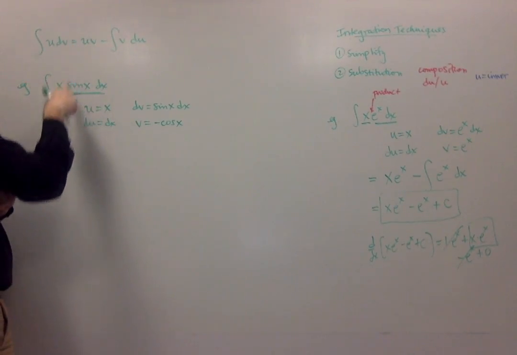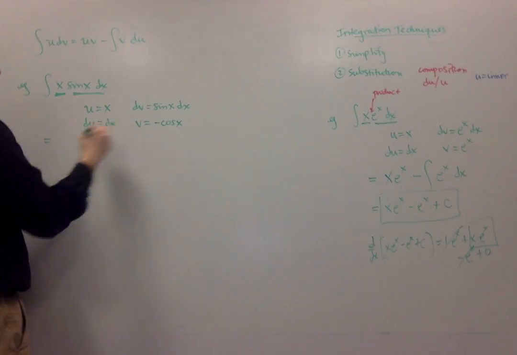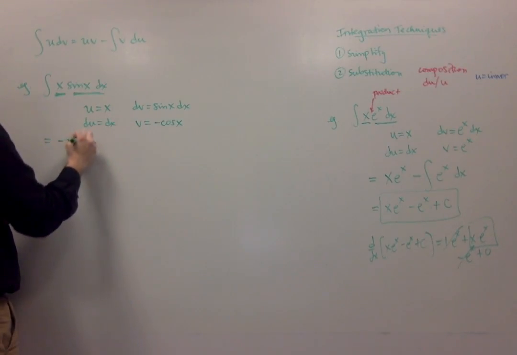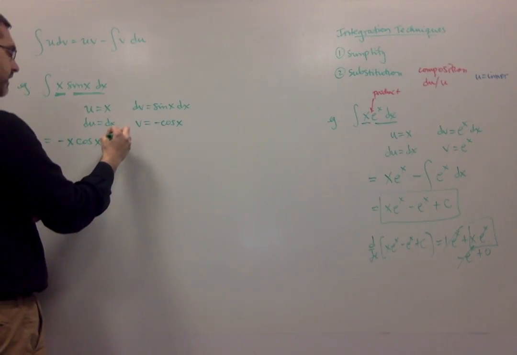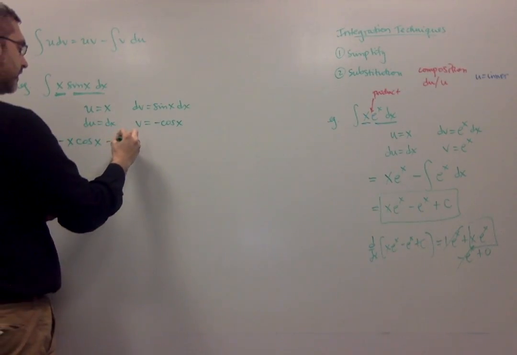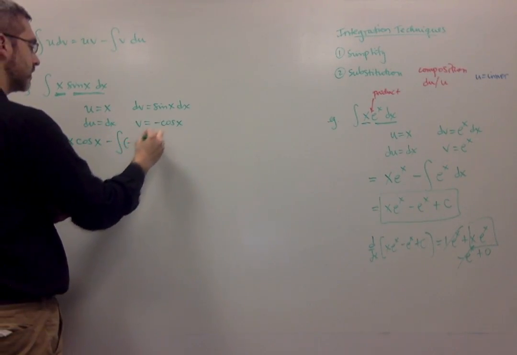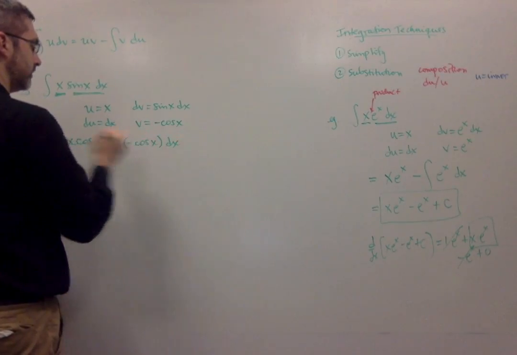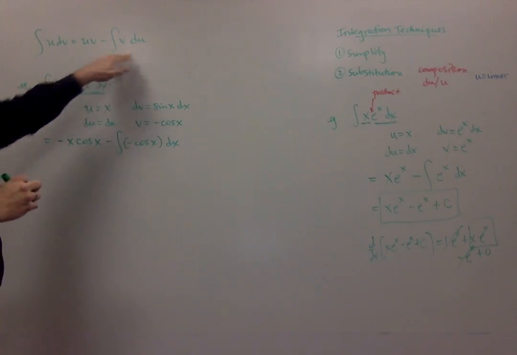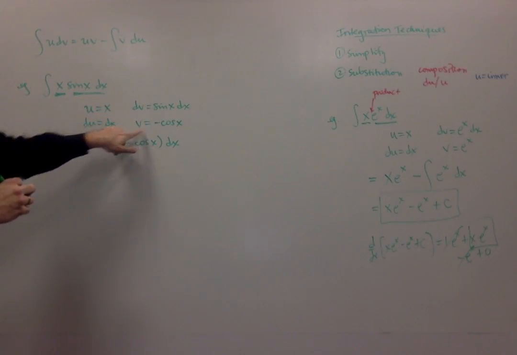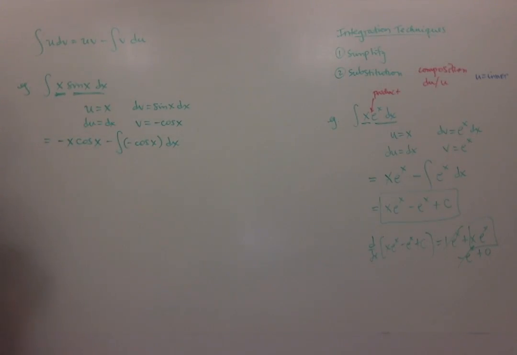This integral equals u times v, that's going to be negative x cosine x, minus the integral of v du. So I just use this formula: u times v minus the integral of v du.